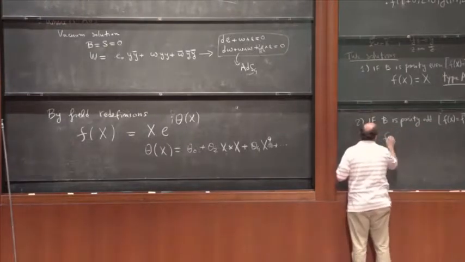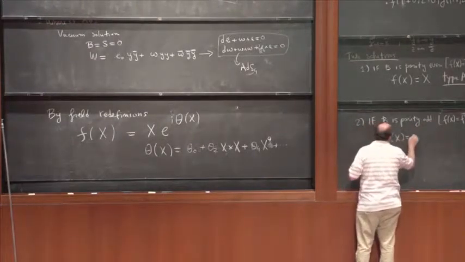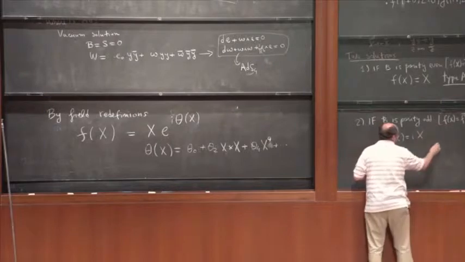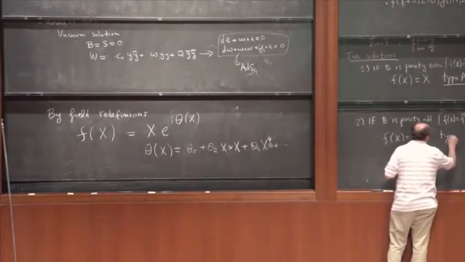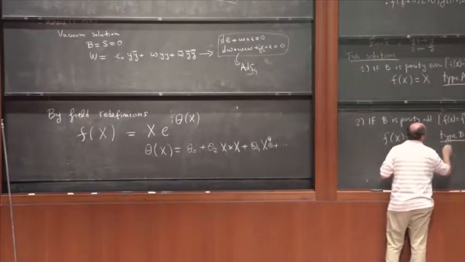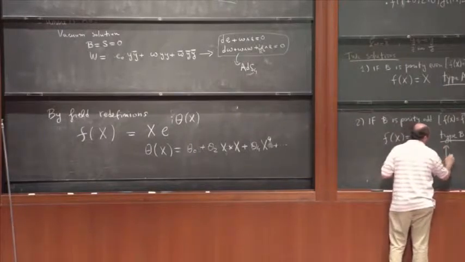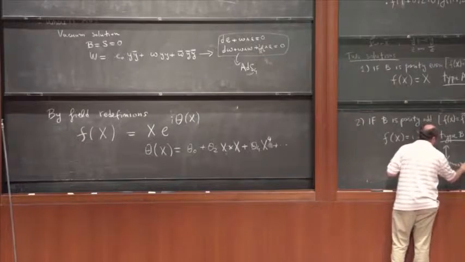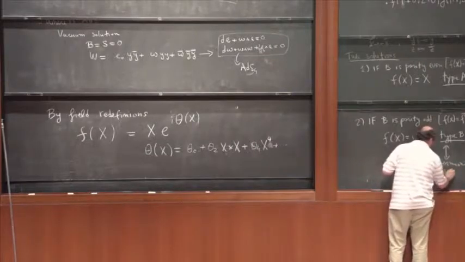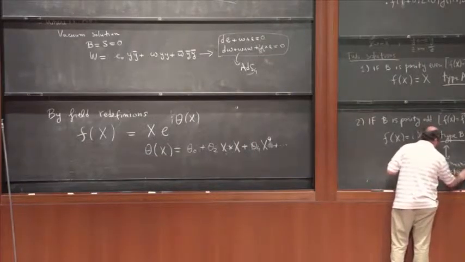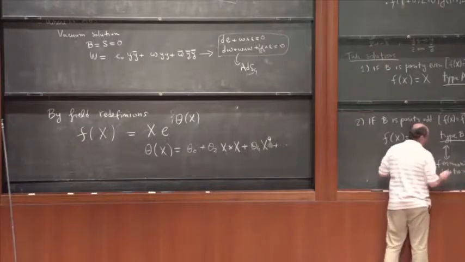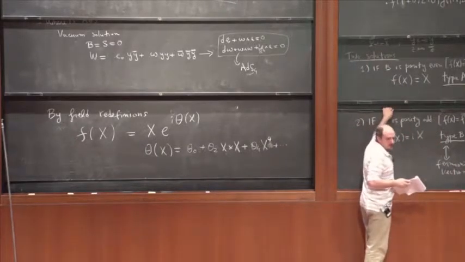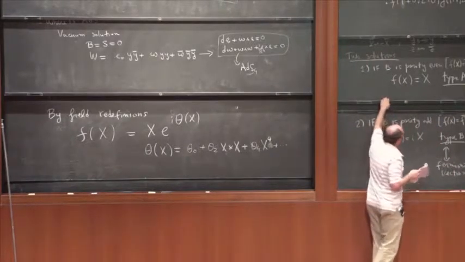And then here we have f of x is equal to ix, and this is the type B. So this is dual to the fermionic vector models, and the type A to the bosonic, the scalar vector model.